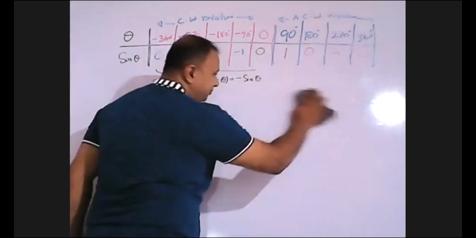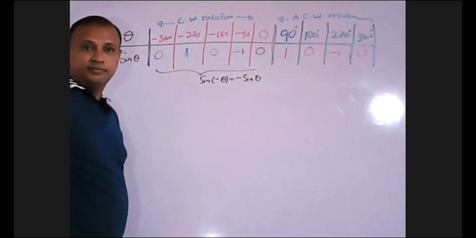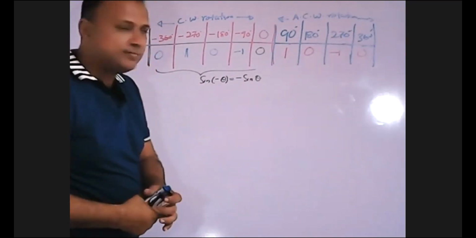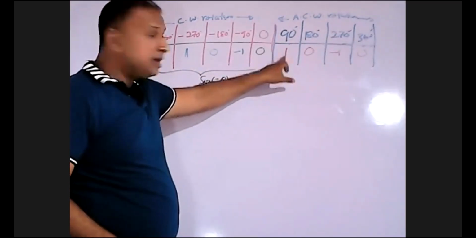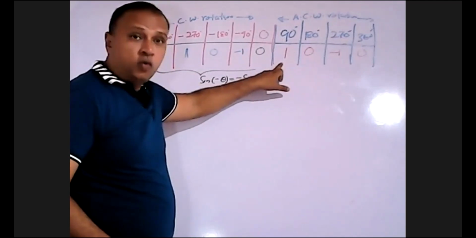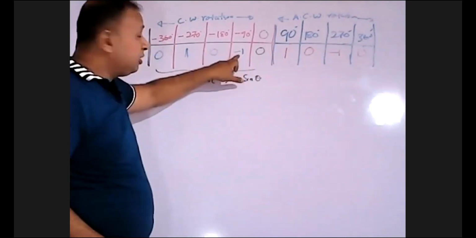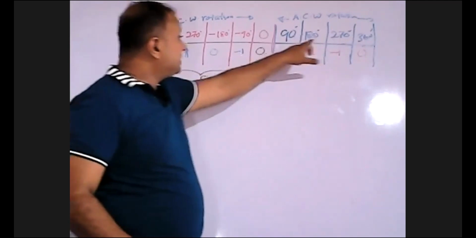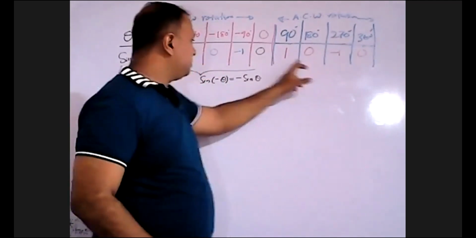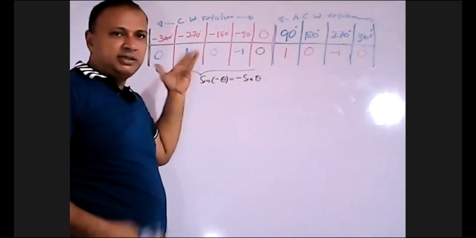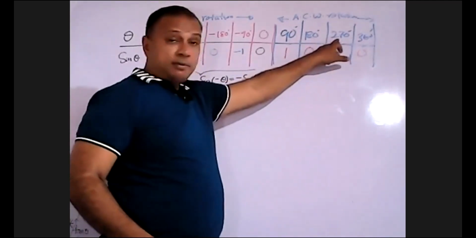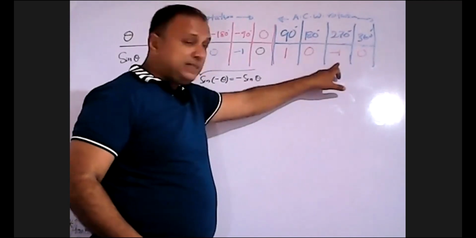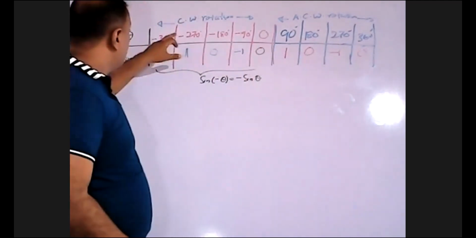Then another. Look at this. Sine 90 is equal to 1. Sine minus 90 is equal to minus 1. Sine 180 is equal to 0, okay? There is no minus 0 or plus 0. Sine plus 270 is equal to minus 1.